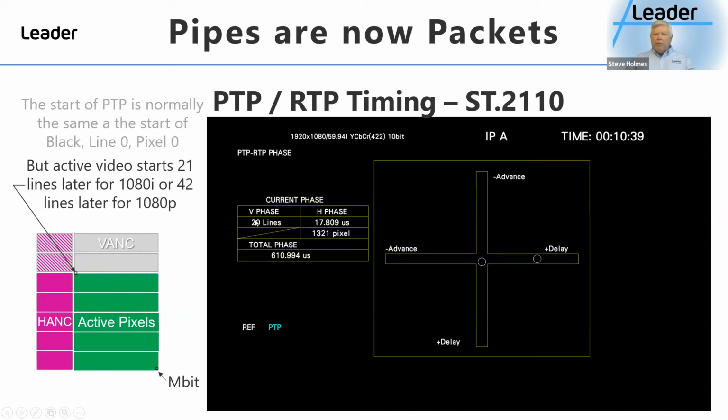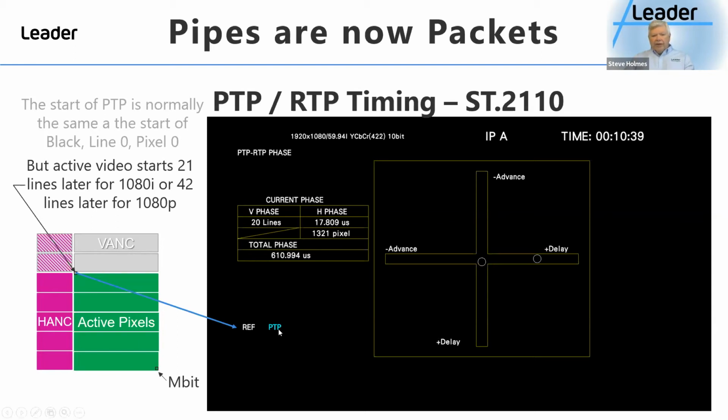Now, it may or may not happen exactly at 21 lines, but it's going to be somewhere around 21 lines, typically plus or minus 1 line, and we can actually see that vertical offset and see where it is. It would be 42 lines offset if you're 1080p or if you're 4K.